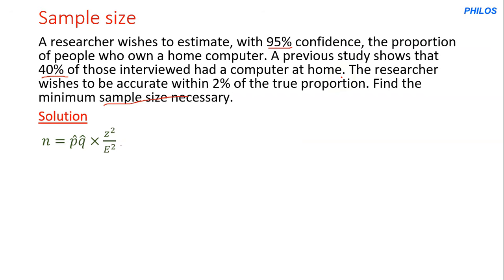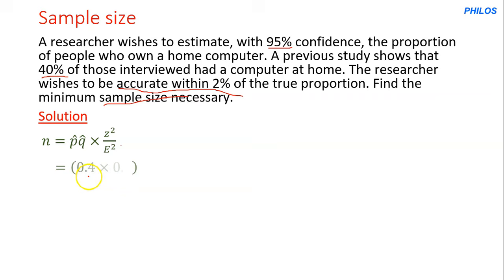Now to know the margin of error, whenever you have a question on this, you usually see words like accurate within 2%, accurate within 4%, accurate within 6%, those kind of words. So you should know the 2% is the margin of error, and that is 0.02 in decimal. So we are going to substitute that into the formula.